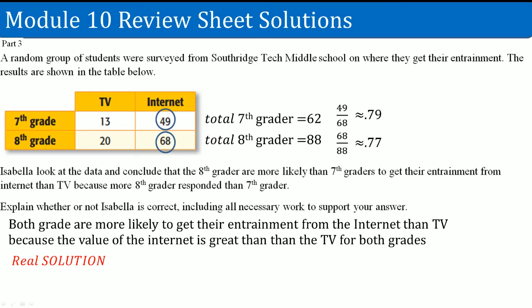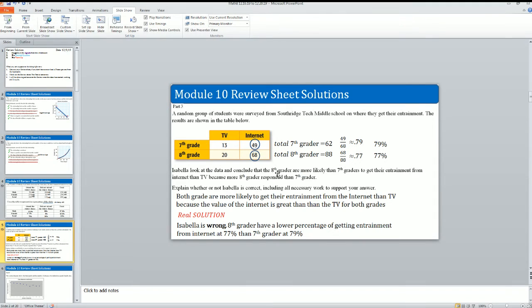Some of you think, did I make a mistake? 49 divided by 62. I typed this in by mistake. It should be 62.